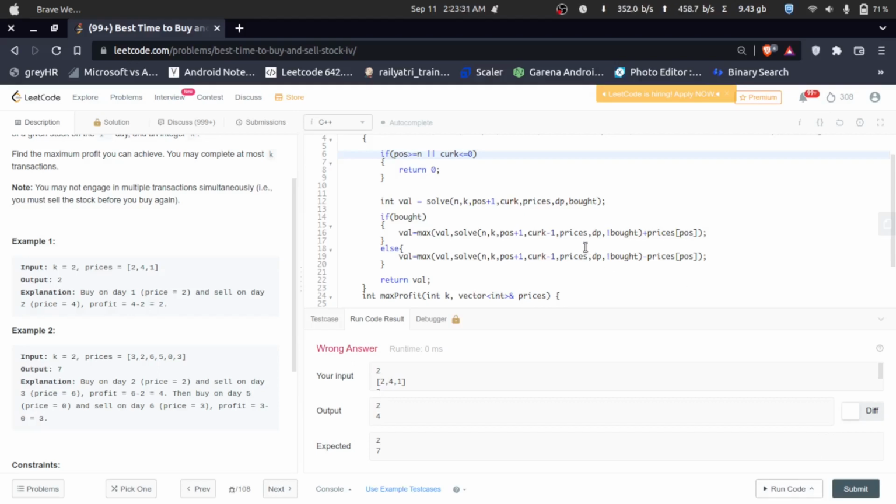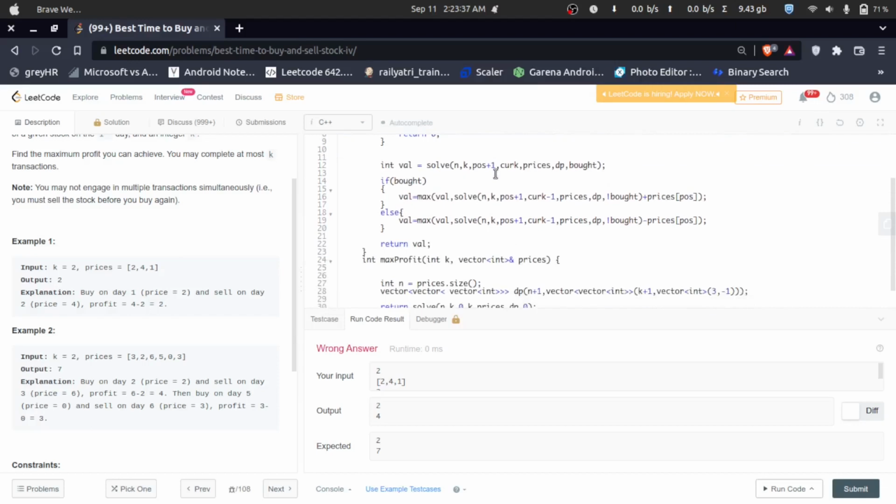Current k will be about there, that will be reversed, and then after that I will deduct that value. Basically I will deduct that value if it is bought there, basically maximum of that, and then after that the position of that. So I'll sell that, so that the value will be added into that.